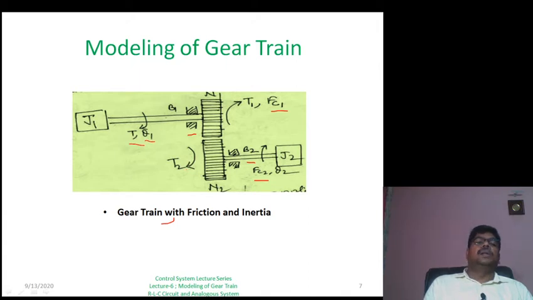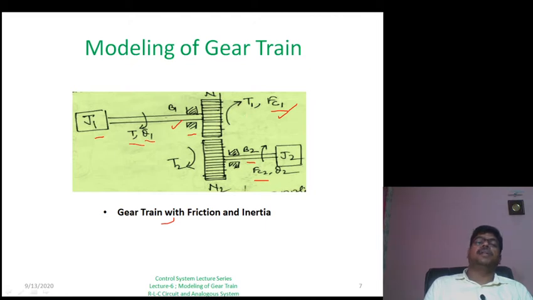So if we apply the torque T at gear 1, it will have to face its inertia J1, its viscous friction B1, Coulomb friction Fc1, and then the developed torque in this gear will be T1.